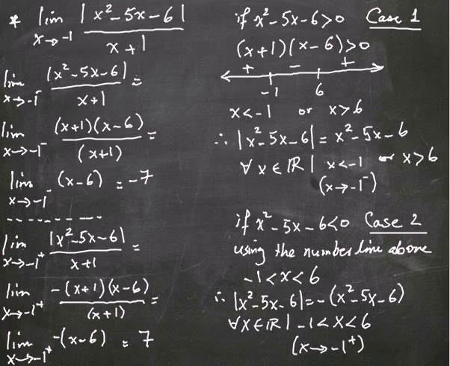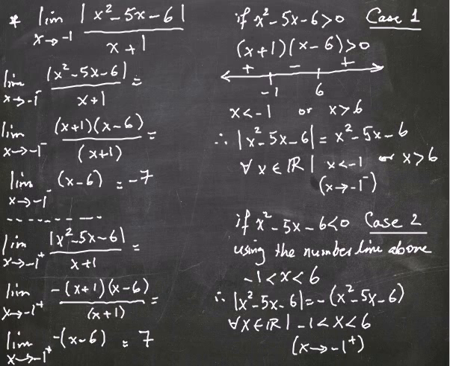The second type of exercise I'm going to produce here is the limit of the absolute value of x squared minus 5x minus 6 over x plus 1 as x approaches negative 1. So we're looking for where x squared minus 5x minus 6 is positive. We first factor it and find the two roots, at negative 1 and 6, and use the number line to determine where that function is positive.